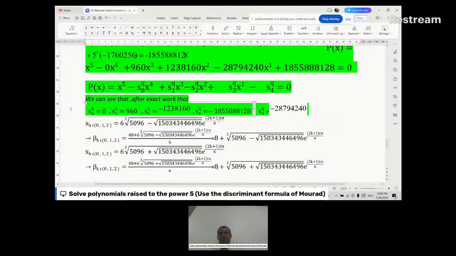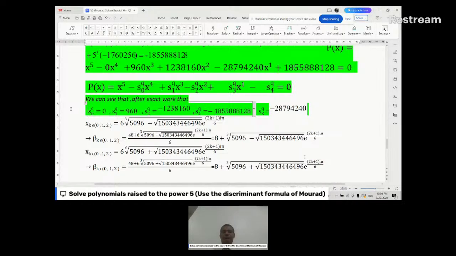This equals, learners, 8 because 48 divided by 6 is 8, and 6 divided by itself is cancelled out, plus cube root of 5096 plus root of 150,343,446,496 times exponential of (2k+1) i pi over 6.